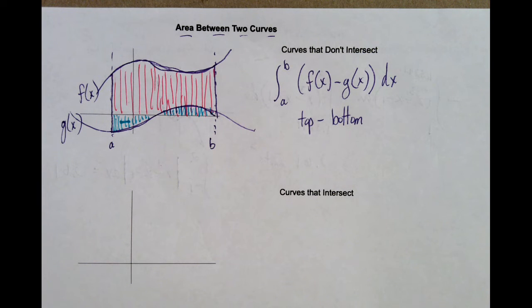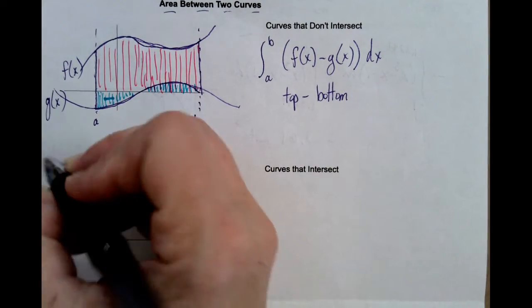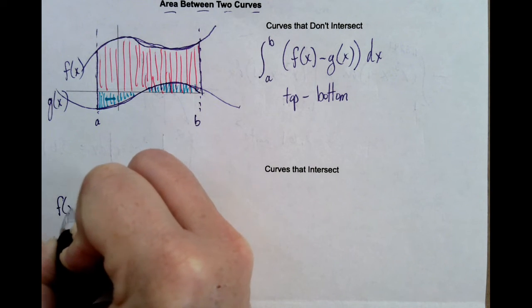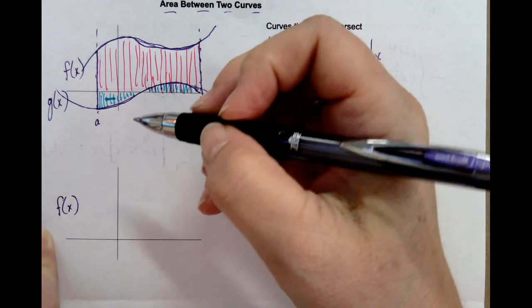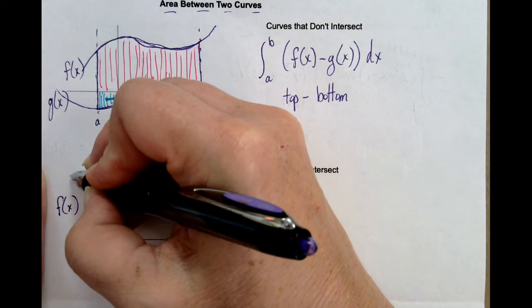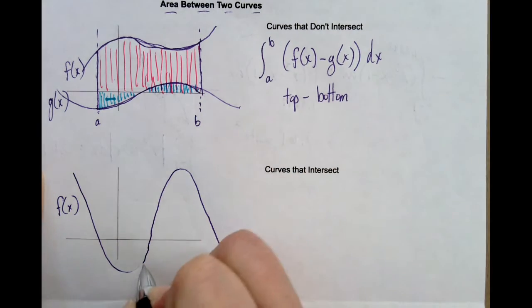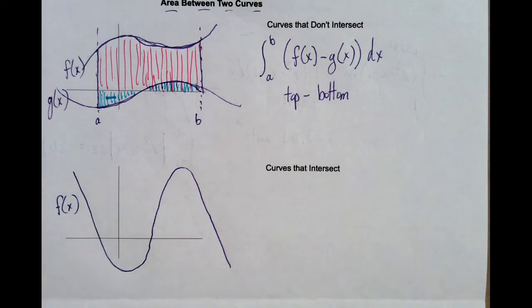And that becomes an issue if they intersect in that area. Correct. So, and I'm going to try to draw this very carefully. If I have f of x, and I'm just going to draw, whatever.